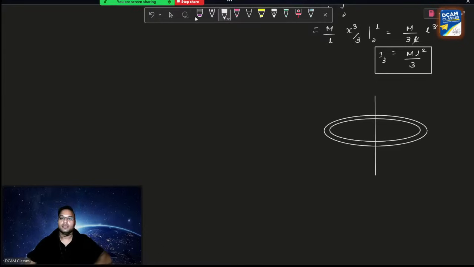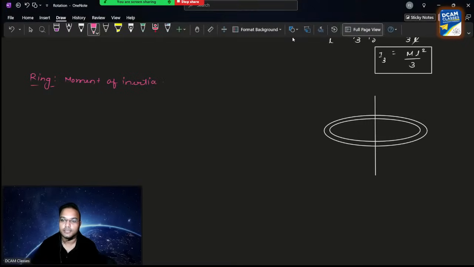See, this is for the ring. How to find the moment of inertia? This is very easy. For a ring, finding the moment of inertia is actually very easy. How?